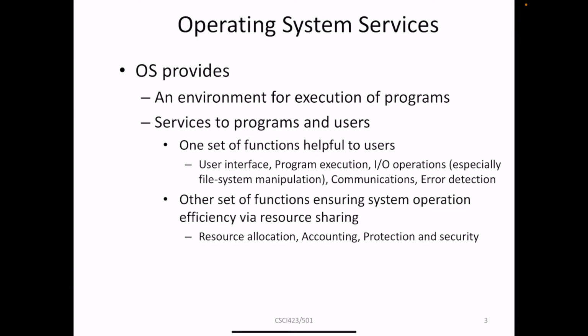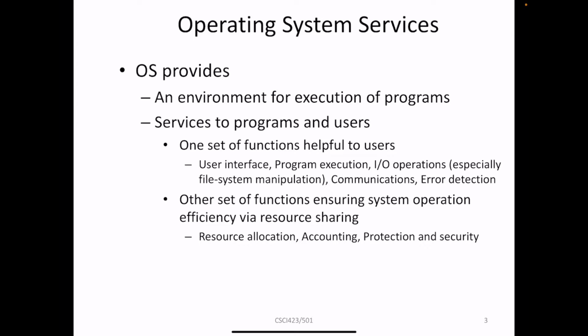As we have mentioned, the operating system is like a government, providing an environment for different programs to execute and do some useful tasks for users. Like we have discussed, from the user aspect and the system aspect, services provided by the operating system to programs and users can be divided into two categories.